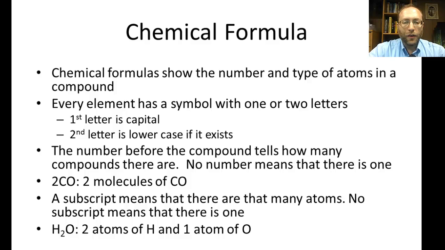That means there are that many atoms of that element. If there's no subscript, there is only 1. So in H2O, which is water, there are 2 atoms of H because the H has the 2 subscripted, and only 1 atom of oxygen because there's no subscript underneath the O.